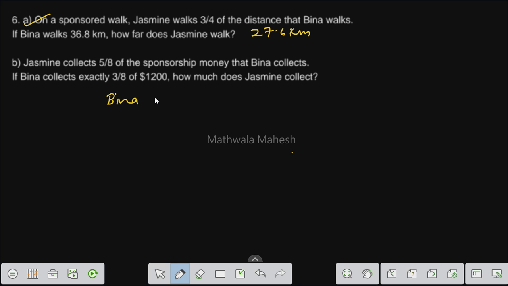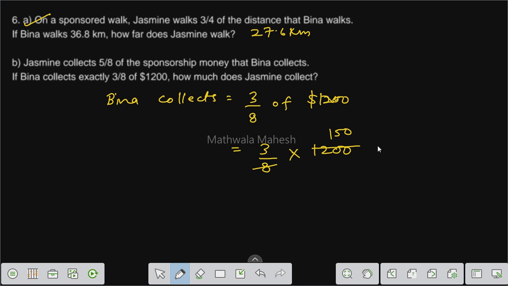Bina collects 3 by 8 of $1,200. 3 by 8 into 1,200, it means 150, which is $450.